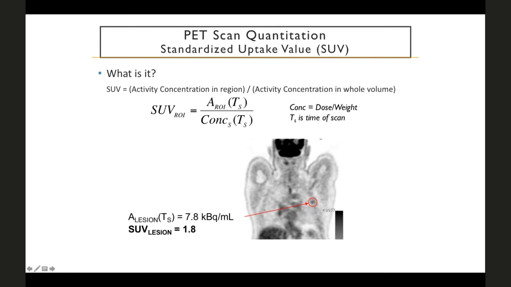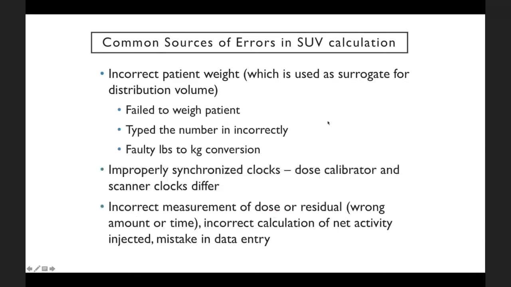So how can this calculation go wrong? Well, we need to know the dose in the patient. We need to know the patient's weight. We need to know the time of the scan. So basically, you could predict that errors in those are going to affect our SUV calculation. There are sites, in fact, that do not weigh the patients. They just ask them how much they weigh, or there are others where they just pull that information out of the patient record.